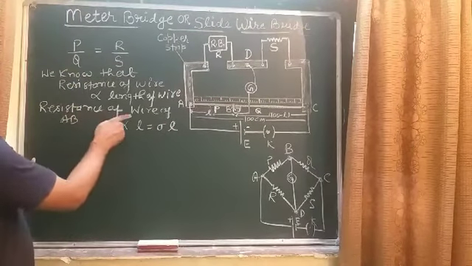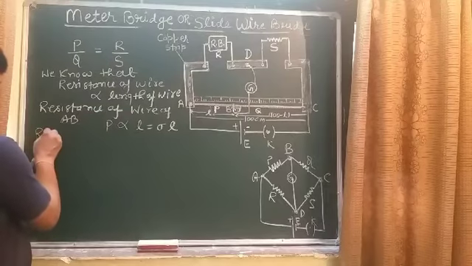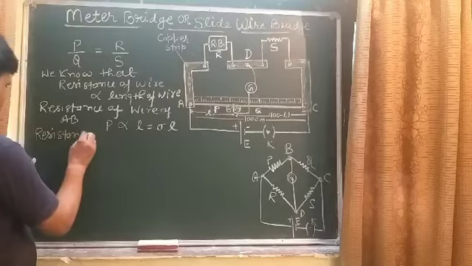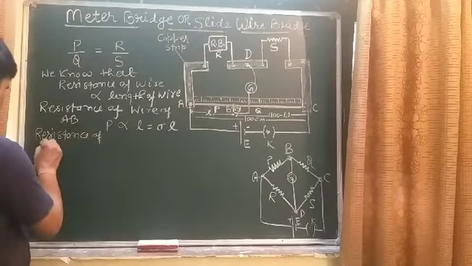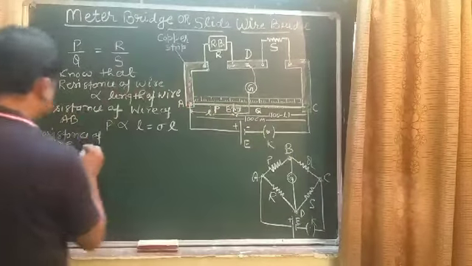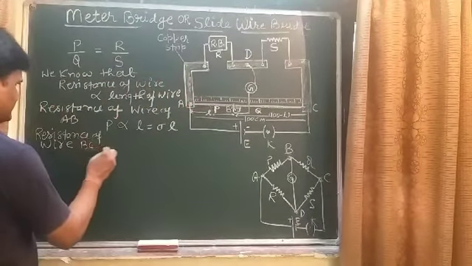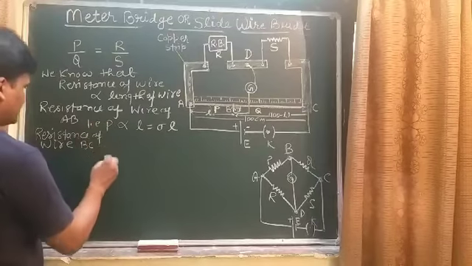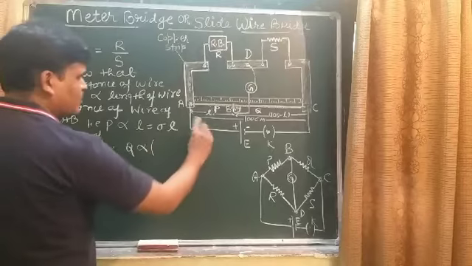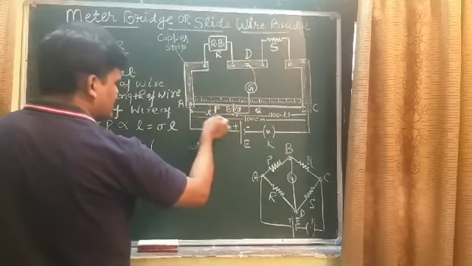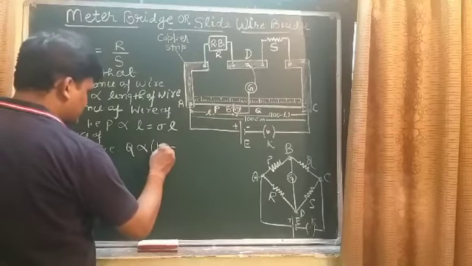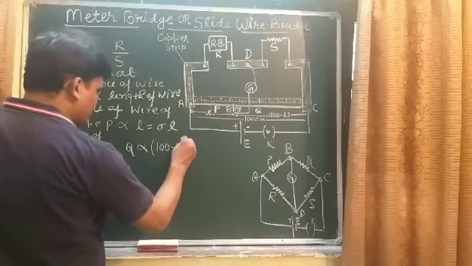Similarly, the resistance of wire BC is Q, which is equal to: total length 100, this length is L, so this length is 100 minus L, because resistance is directly proportional to the length of the wire.